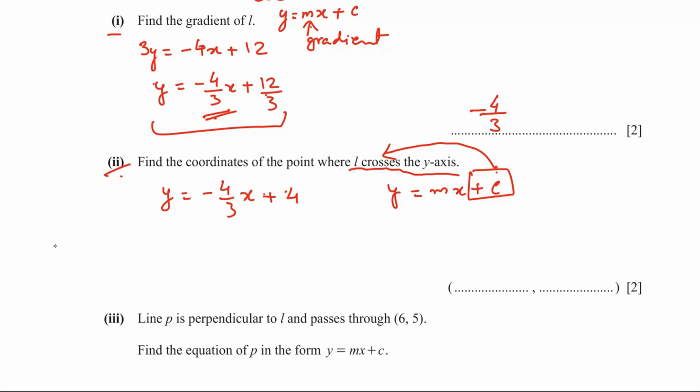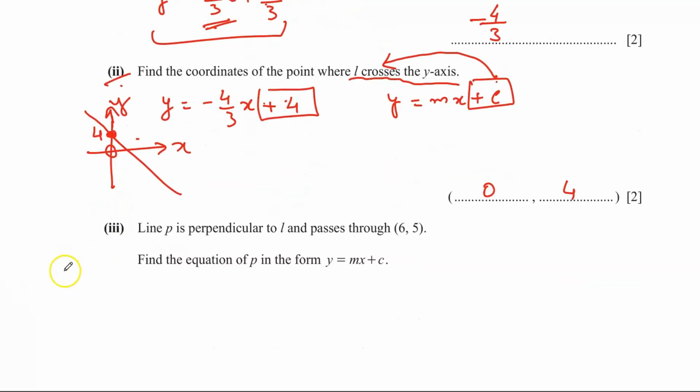Let me draw a rough sketch. This is x and here we have y. Since the gradient is negative, the line slopes downwards. This is the point where the line crosses the y-axis, and the value there is 4. So when x is 0, y is 4, so that is (0, 4).